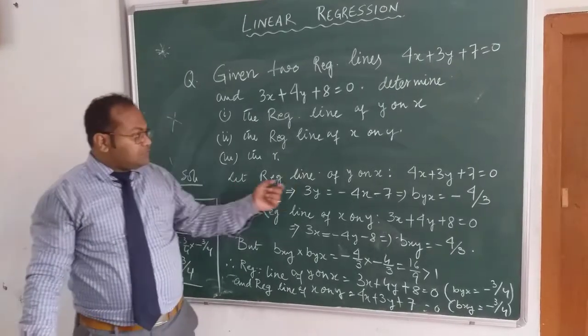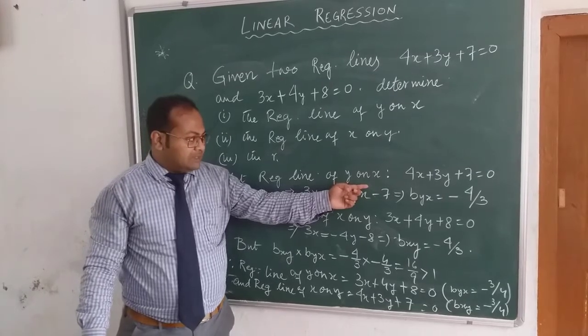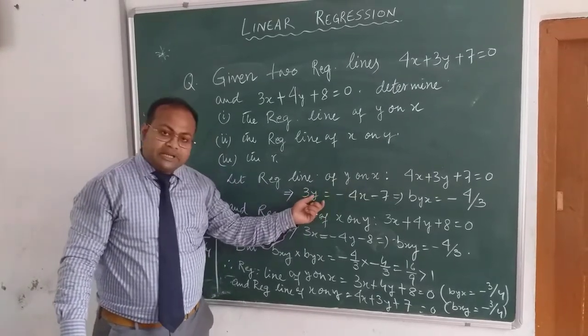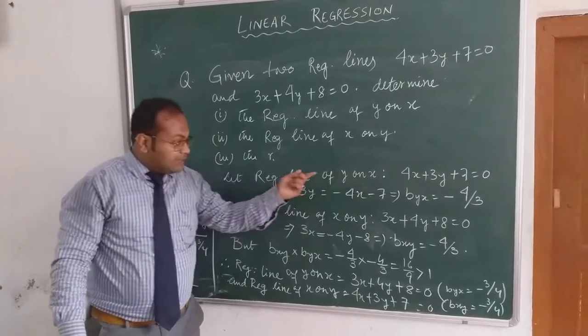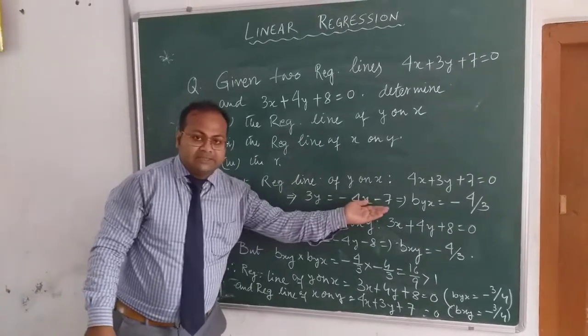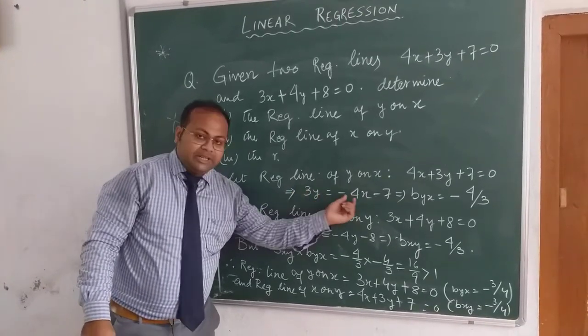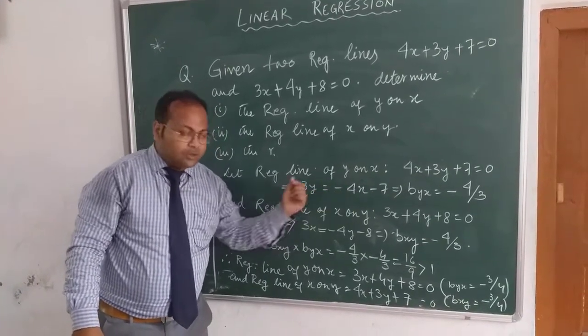Now see, this is y on x. This is the regression line of y on x. Now we need to find out the regression coefficient. For that, remember one thing: we need to keep y on this side and the other things on that side, and then find the coefficient of x after dividing by the coefficient of y on both sides.